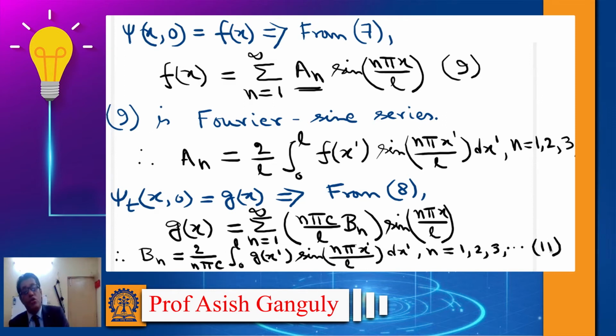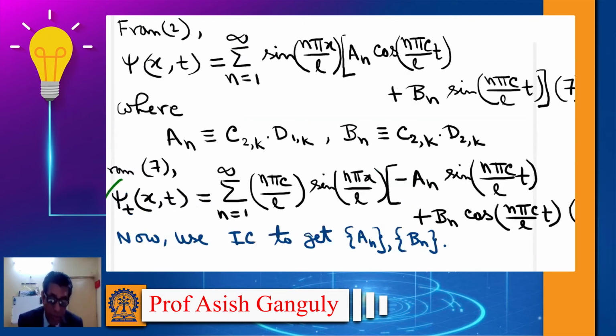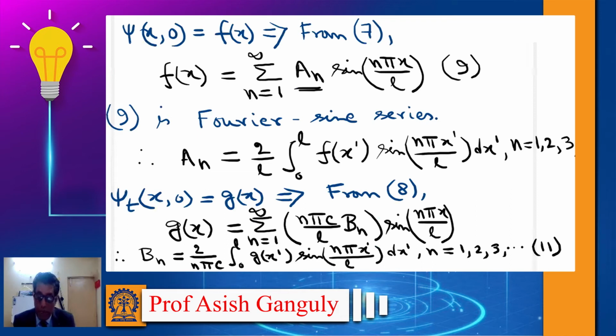So this completes the solution. Going back to the previous page, this is your solution, equation 7. The only thing is that it contained two families of arbitrary constants, a and b. But now a and b are known by equations 10 and 11, so you have a solution. If you wish, you can plug a and b into 7.